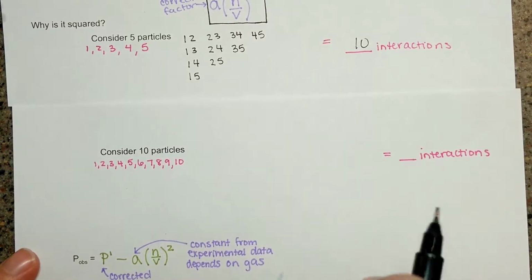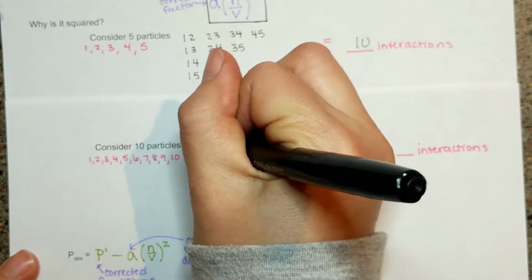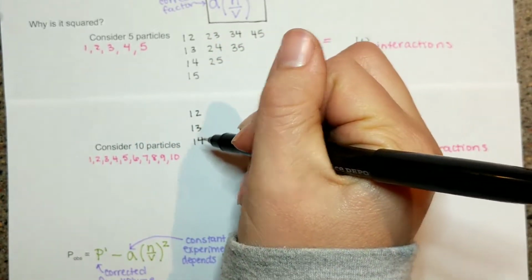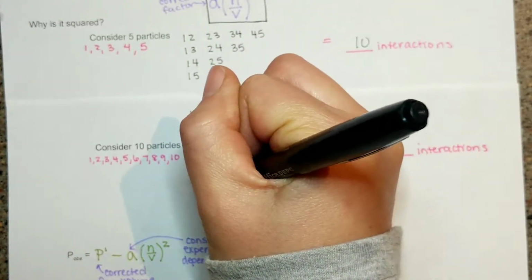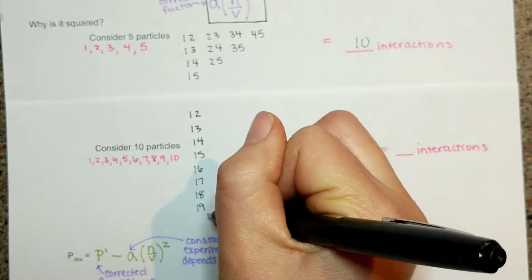you can kind of see that it's going to get bigger. Particle 1 is going to be attracted to 2, to 3, to 4, to 5, to 6, 7, 8, 9, and particle 10.